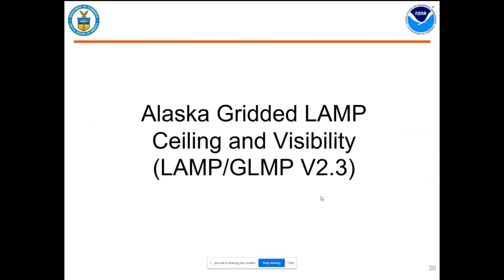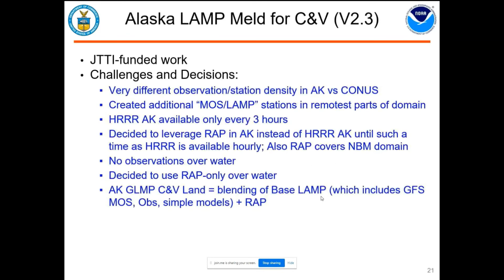First, the Alaska Gridded LAMP Ceiling and Visibility. This work was funded by the Joint Technology Transfer Initiative. There were various challenges and decision points with this work. Alaska has a very different observation and station density versus the CONUS, so we had to get creative and create some additional MOS LAMP stations in the remotest parts of the domain to try to fill in areas where we don't have good coverage of stations.